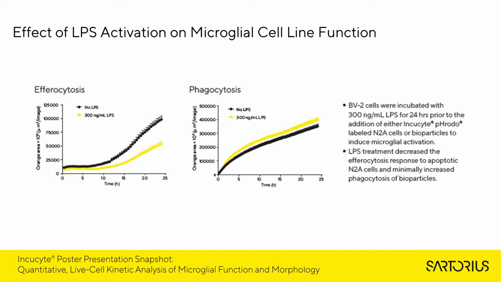LPS treatment decreased the efferocytosis response to apoptotic neuro2A cells and minimally increased phagocytosis of bioparticles. So looking at these two distinct processes, we're able to add LPS and see a different response between both of them.